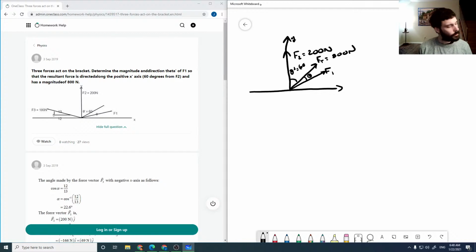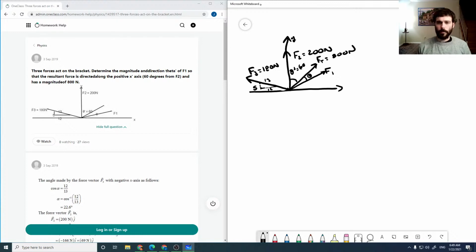And we've got an F3. Drawing straight lines is not my forte this morning. F3, which is 180 newtons. And we're shown a similar triangle on the vector, which is a 12, 5, 13 triangle.